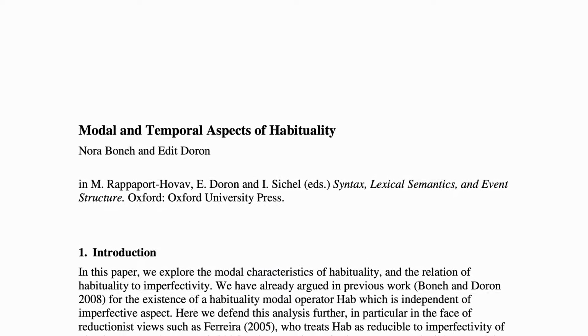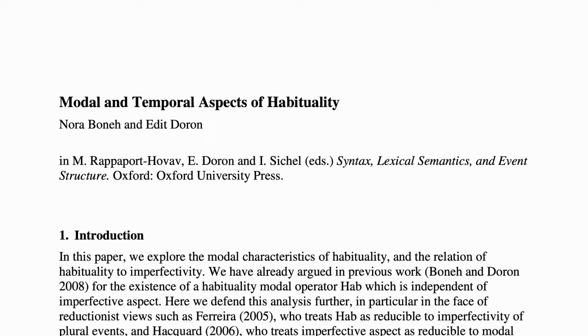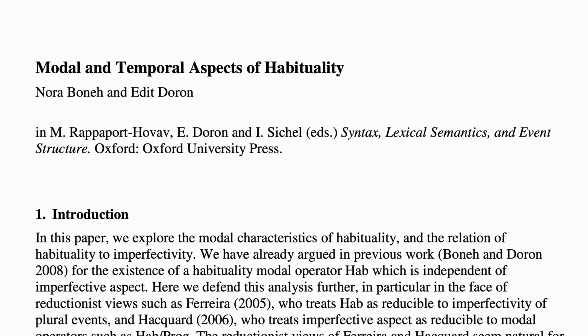Once again, there are much more detailed explanations of the relationship between imperfective and the habitual, and you can check out the article by Edit Doron and Nora Boneh, my former teachers from Israel, if you want to learn more about it.